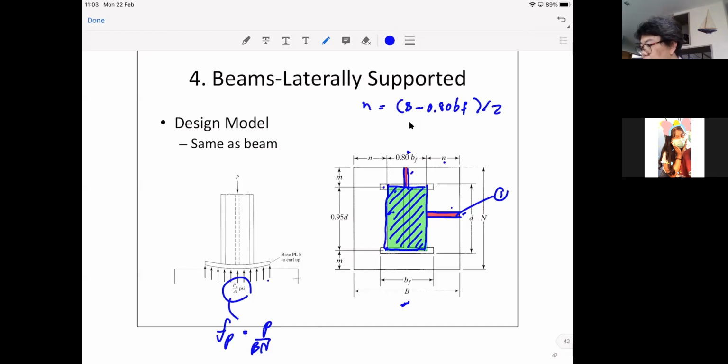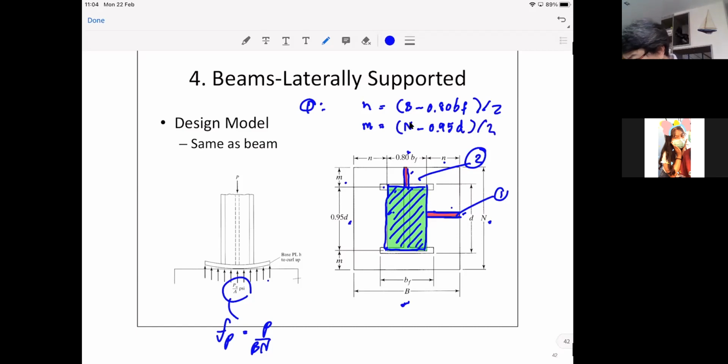In the meantime, if you look at strip number 2, they say 95% of the depth is rigid. And so therefore, this distance m can be obtained from the size of the plate in this direction, that is N, minus 90% of the depth, and then divided by 2.